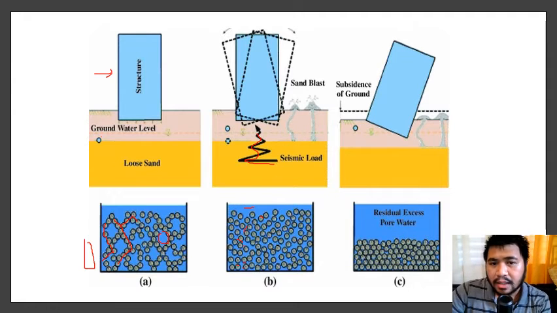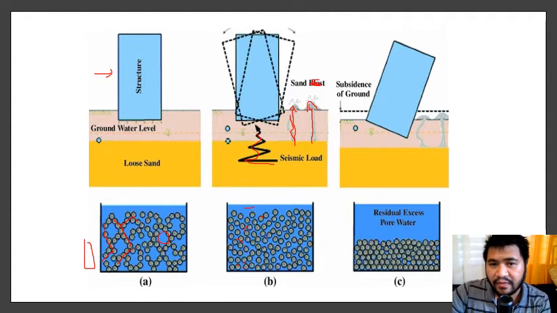And eventually the water will just try to exit. Due to the high pore pressure, it's like a can of soda that you just opened. You have a lot of pressure in your can of soda, and when you open your can of soda, your soft drink, it will just eventually make its way out.